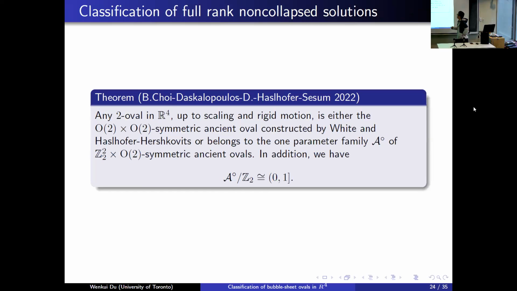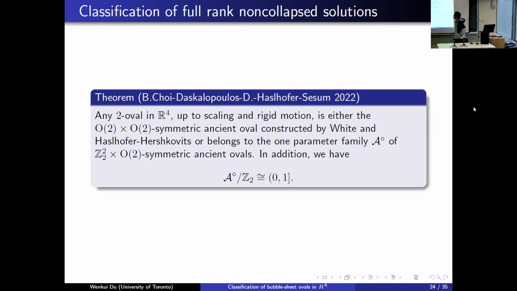But this is the easier part. For the more difficult part, let me discuss my joint work, which is the title, sorry, it's too slow. My joint work is with Kyeongsu Choi, Tang-Kai Lee, Drew Daskalopoulos, and Natasa Sesum.